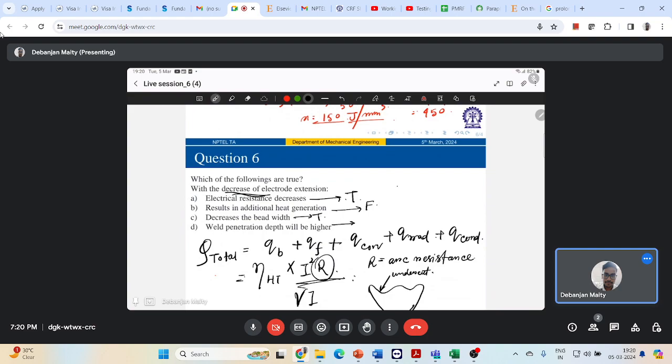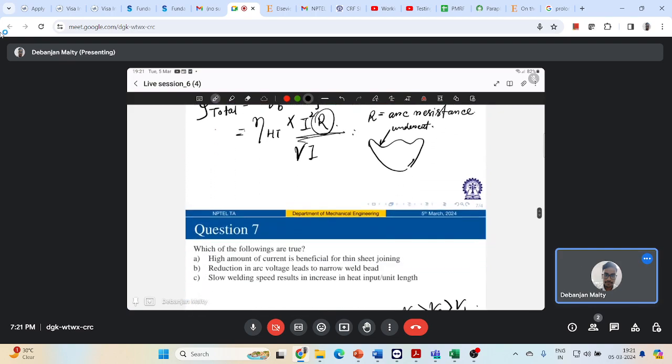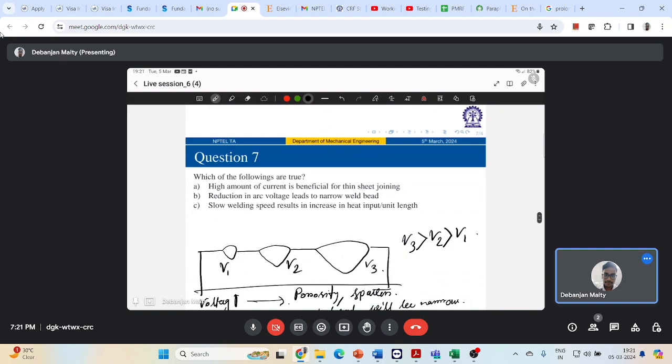That is a true statement. So those are vice versa in mechanism. If my electrode extension is higher, it gives me higher resistance. Because of higher resistance, it generates more heat. Because it is consuming more heat, less heat gets transferred to the workpiece. Because less heat is transferred to the workpiece, the bead width will be less and penetration depth will be less. So question 6 is fine.